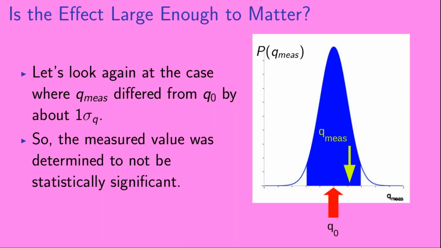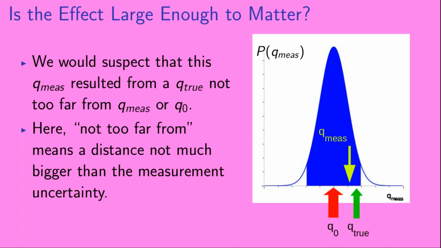Let's look again at the case where Q measured differed from Q naught by about 1 sigma Q. So the measured value was determined to be not statistically significant. We would suspect that this Q measured resulted from a Q true not too far from Q measured or Q naught. Here, not too far from means a distance not much bigger than the measurement uncertainty.